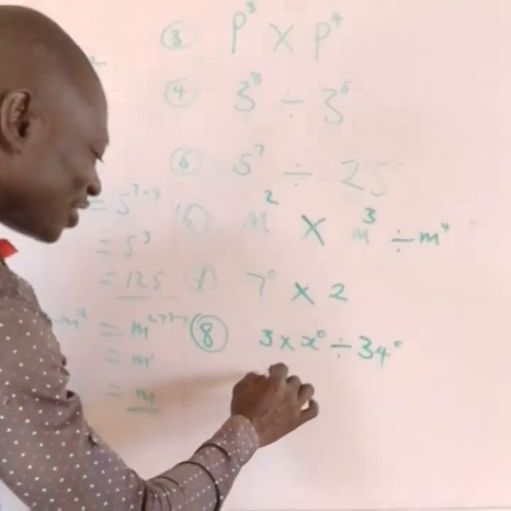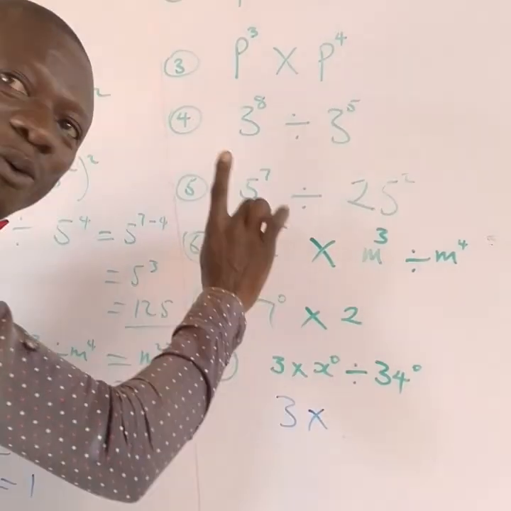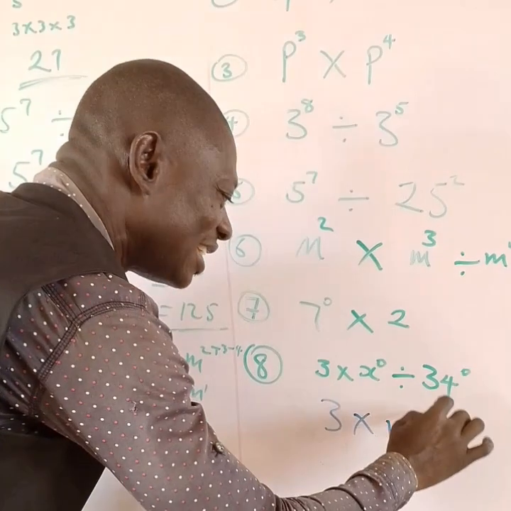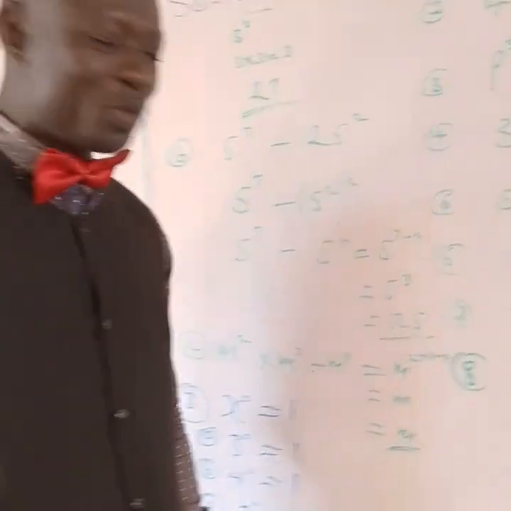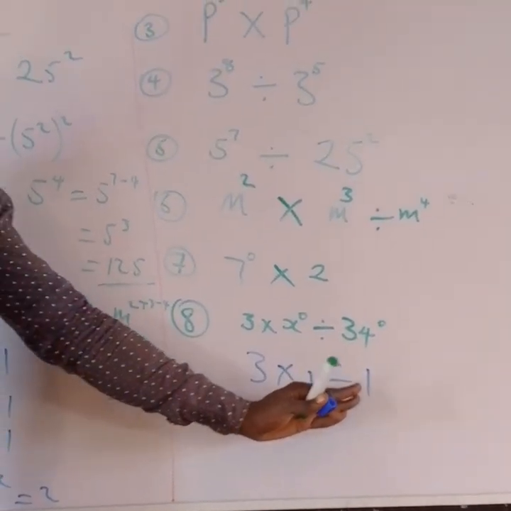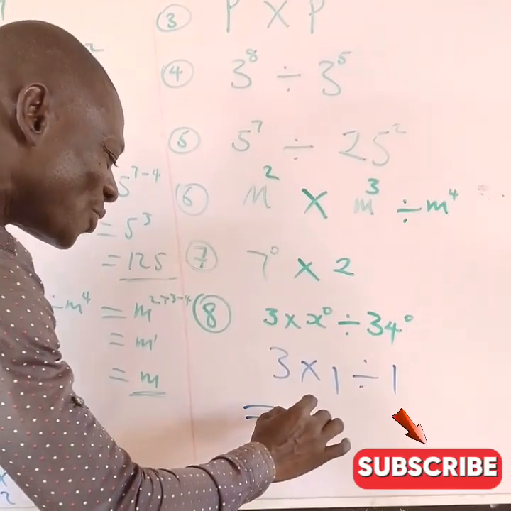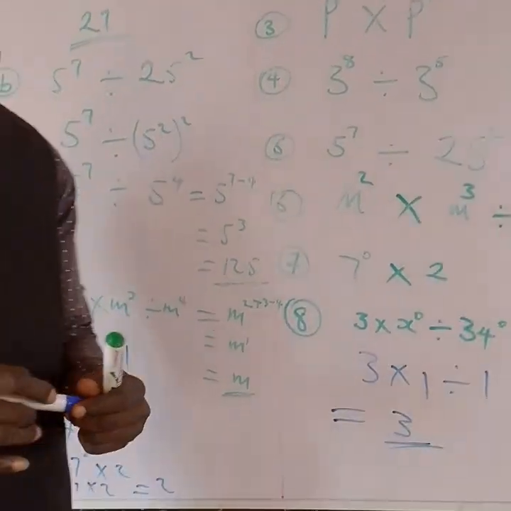That is going to give us 3 raised to the power 1 indeed times x raised to the power 0, which is 1, divided by 34 raised to the power 0, which is also 1. What do we have? 3 times 1 is 3, and 3 divided by 1 is also 3. And so the entire question will give us 3 as the last answer after simplification.